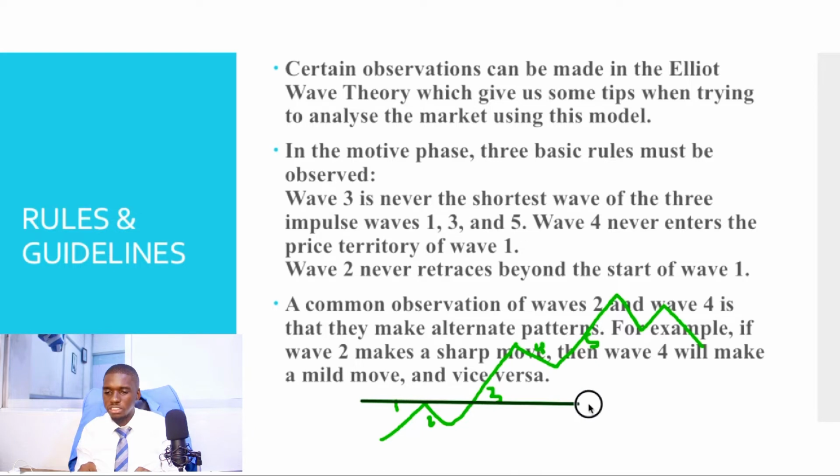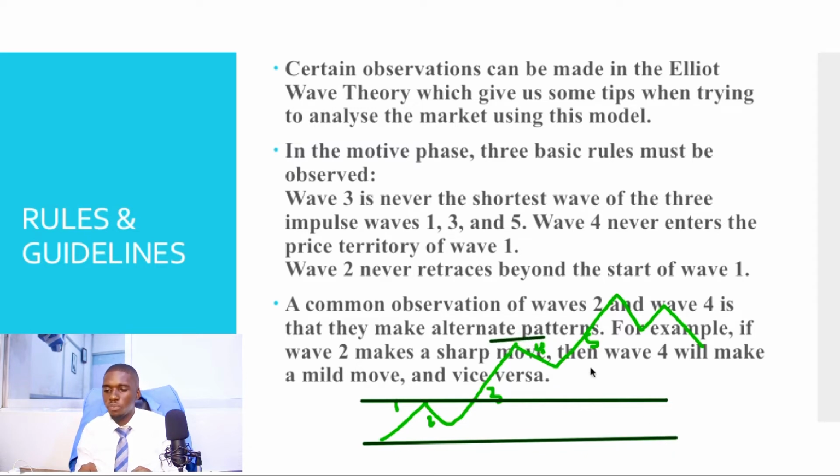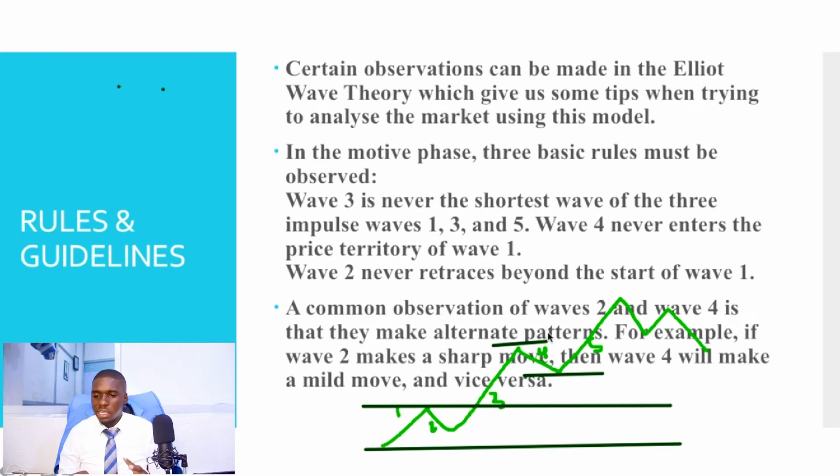So these are the parameters of wave 1, that is the highest point, and then this is the lowest point. Okay, you see, this is the highest point of wave 4, this is the lowest point of wave 4 still. So as you can clearly see, wave 4 never touched any parameters of wave 1.